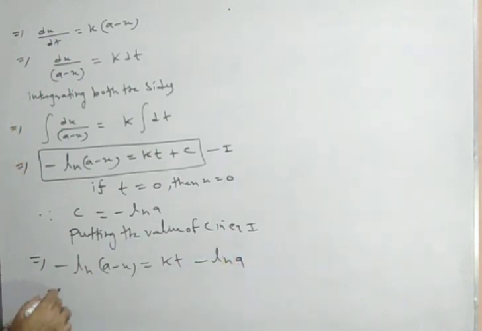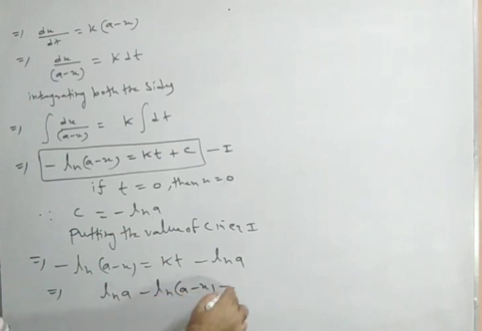Again we can write what? ln a minus ln (a minus x) is equal to kt, or you can say ln a by (a minus x) is equal to kt.